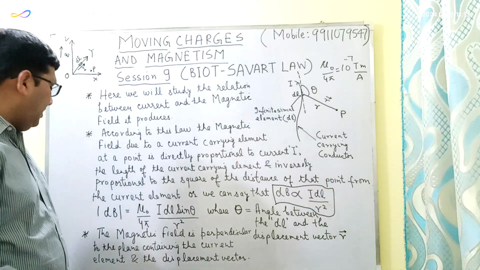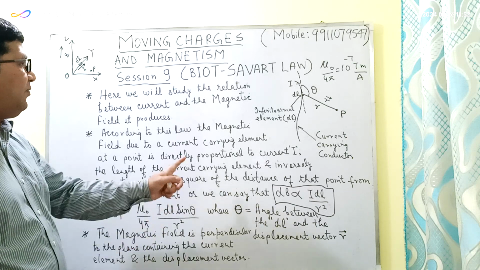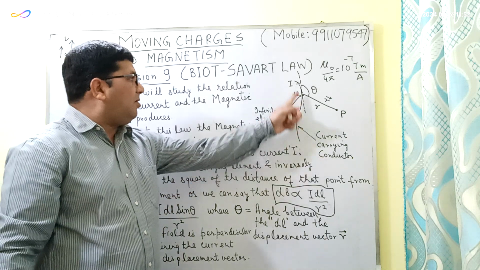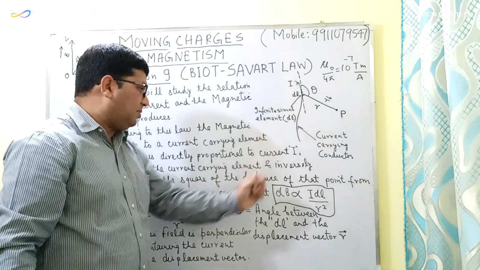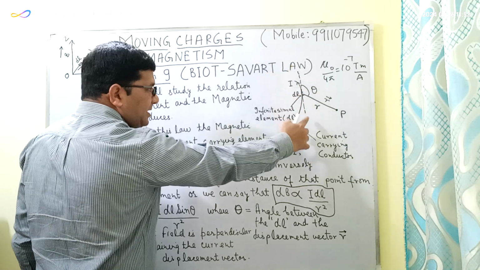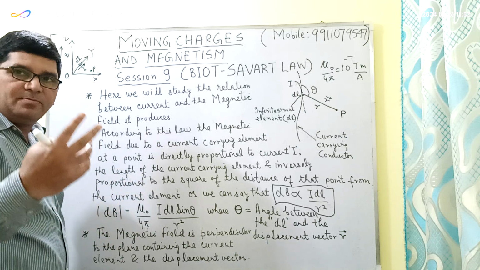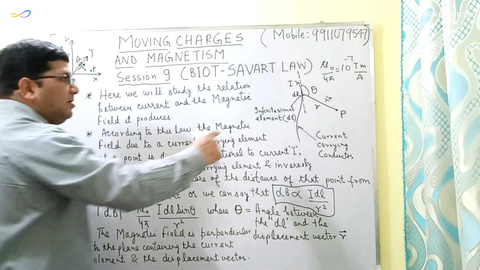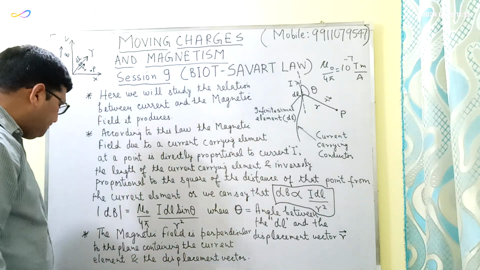Or we can simply say that the magnitude of the magnetic field along the direction of the current is 0. That is, in the direction of the current, the magnitude of the magnetic field due to any current carrying element will be equal to 0.